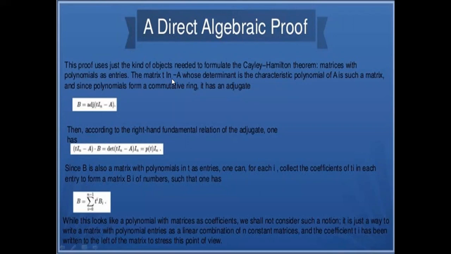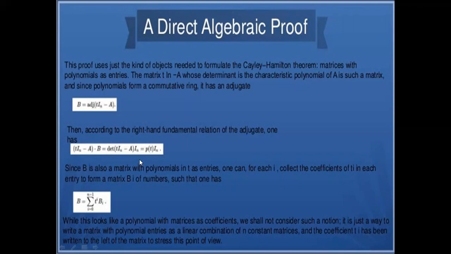The matrix tI minus A, whose determinant is the characteristic polynomial of A, is such a matrix, and since polynomials form a commutative ring, it has an adjugate B equal to the adjugate of tI minus A. Then, according to the right-hand fundamental relation of the adjugate, one has (tI minus A) times B equal to det(tI minus A) times I equal to p(t) I.